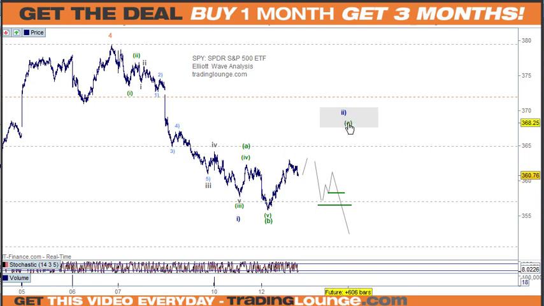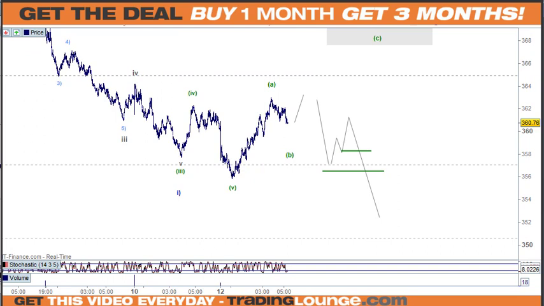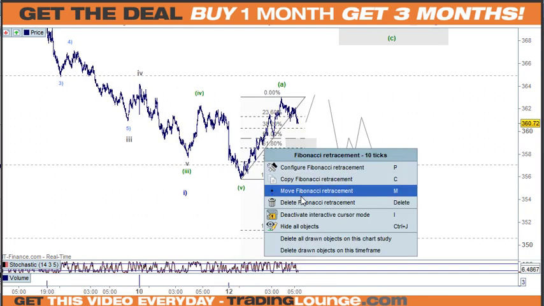If this is up here and this is over here and this is here, then the B wave would come back. Well, let's just assume that the top is in there. I haven't counted it, but let's assume the top is in, and there can certainly be another little high, but that means we would pull back to the 50-60% retracement level here.